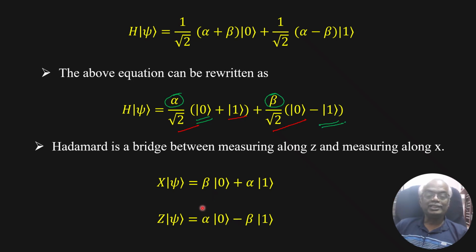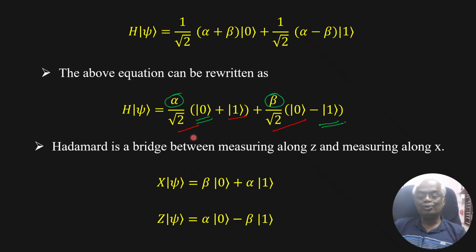So this Hadamard matrix actually bridges between the X matrix and the Z matrix. I think it is clear for you. It is a combination of X gate and Z gate, like a classical gate operation where you have combinations.